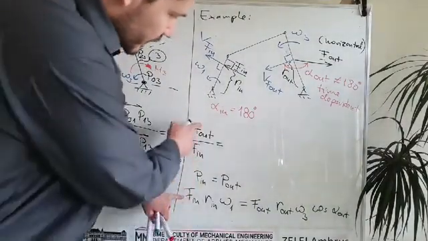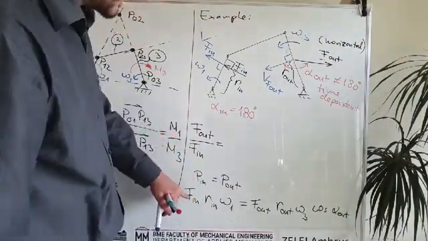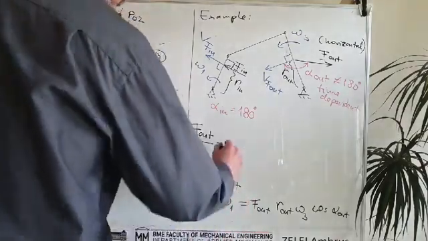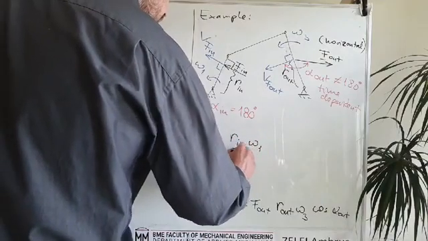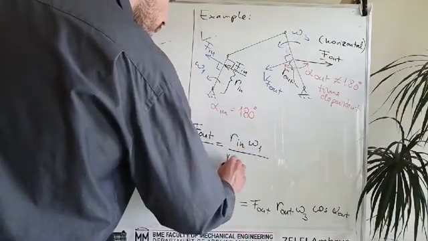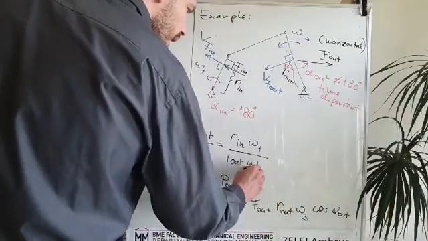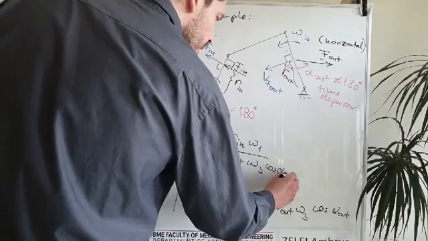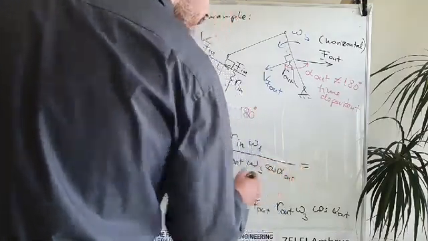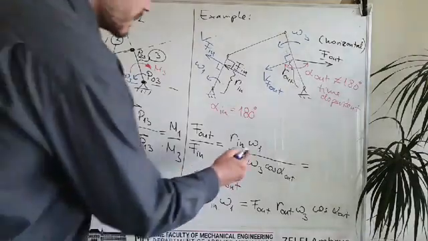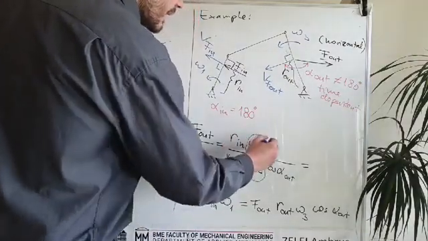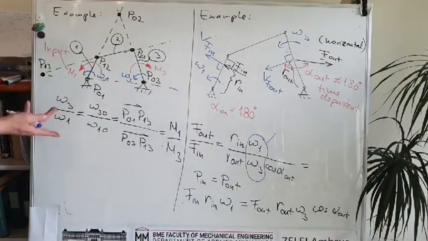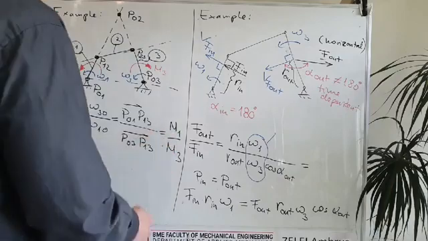And after this, we are able to say that F out over F in is equal to R in times omega 1 over R out, which is a geometric parameter, times omega 3, which is unknown, times cosine alpha out, which is always changing. And these two things can be basically calculated with the same formula. What we have here is just opposite, because we are calculating the opposite thing.